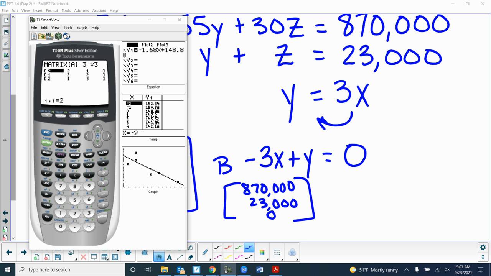All right. So what was our first row? 75, 55, and 30, right? And then all ones, right? And then -3, did we remember that? +1 and 0, right? And then my B was 870,000 and 23,000 and then 0, right?